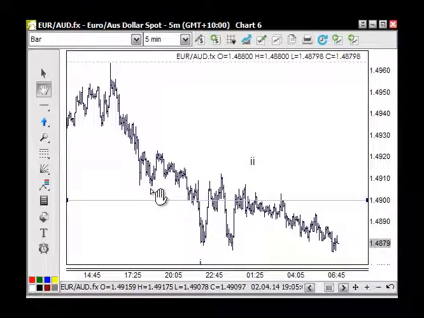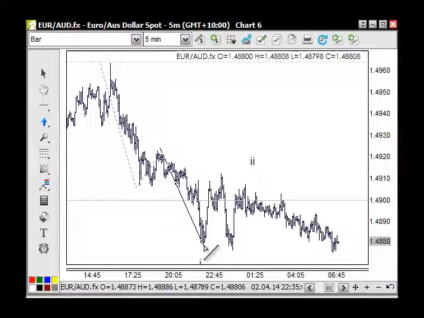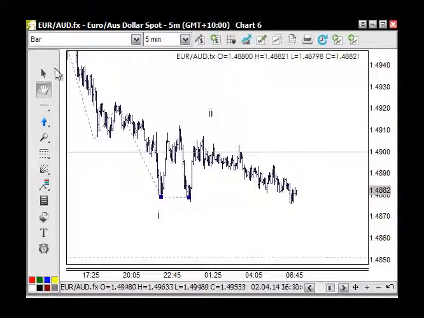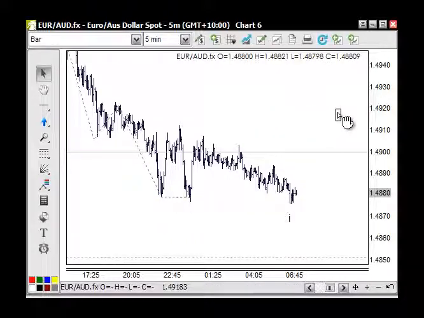It doesn't seem complete yet because this seems to be all of wave 1 to here, then wave 2, and then this is the wave 3 to here, and this is actually still for here. So wave 1 is not really there, it's actually over here, and you'll see the rally from here.